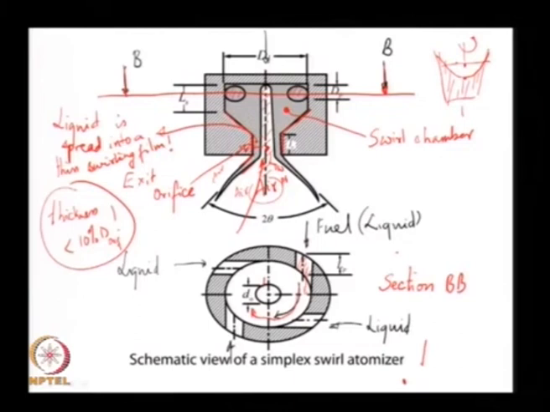The axial velocity of this liquid is only determined by the flow rate, right. So, for the same flow rate, I can increase the number of tangential orifices through which I inject the liquid into the swirl chamber, causing a high tangential velocity, but low axial velocity. The axial velocity being the same, I can increase the tangential velocity of the motion.